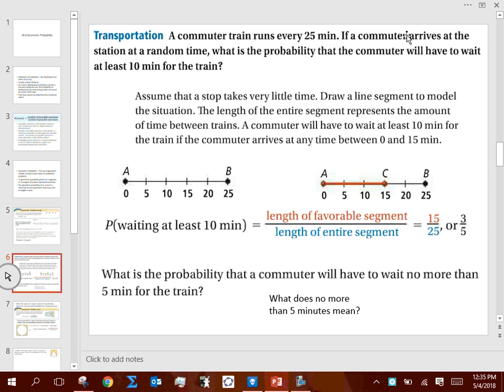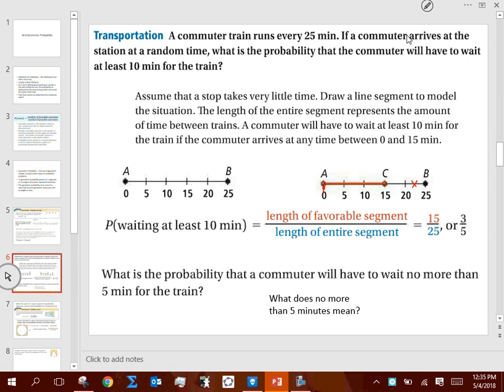So if 0 is where the last train has left, and this right here starts the timer for the next train to show up, if I show up right there, do I have to wait at least 10 minutes? Yeah.